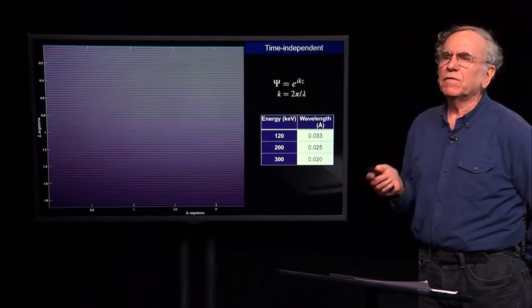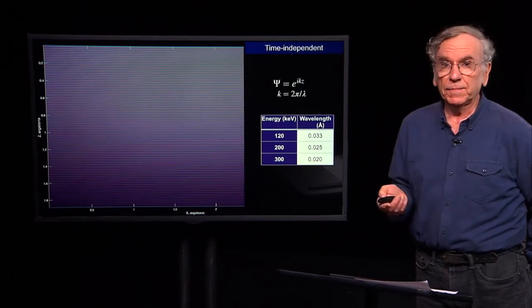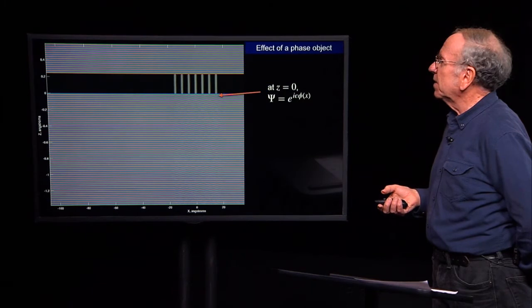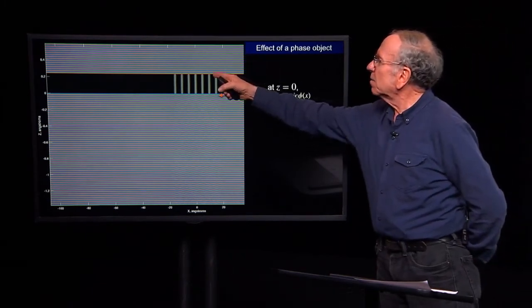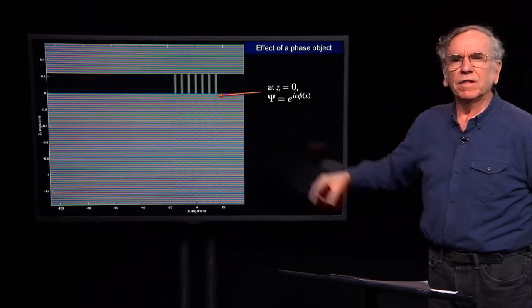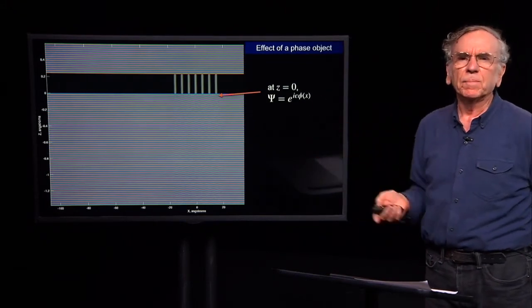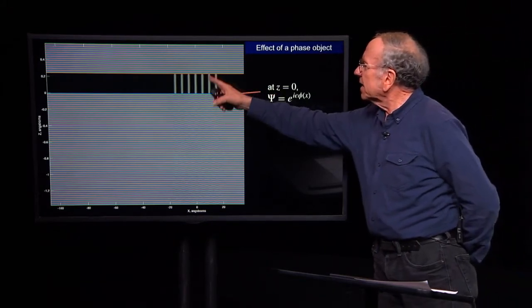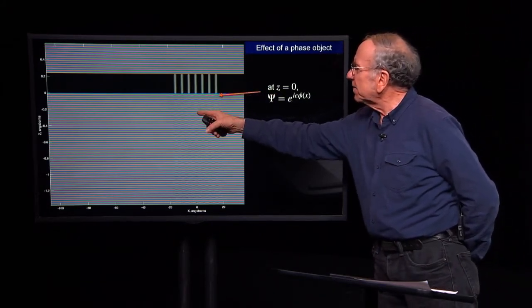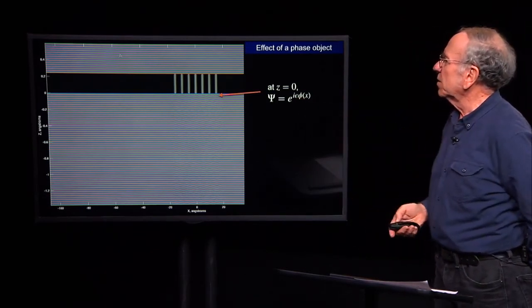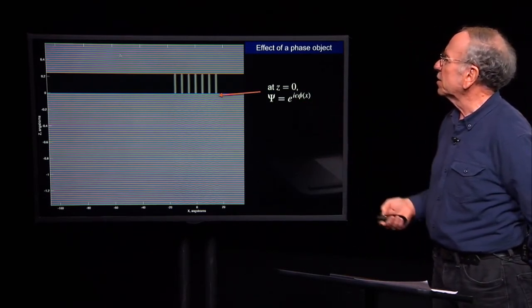But what happens if we put a phase contrast object in the beam? Here is a close-up of what you would see if you have incident waves and some kind of phase contrast object that is a grating with a periodicity, in our case, of 5 angstroms. You can see just as the electrons exit from this device, there are little ripples, and these little ripples we're going to describe by a function phi.